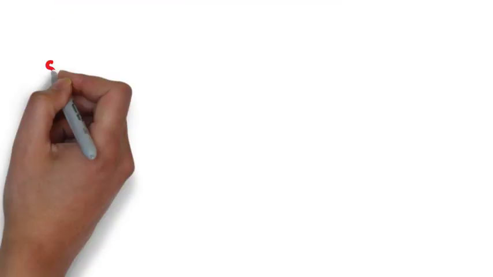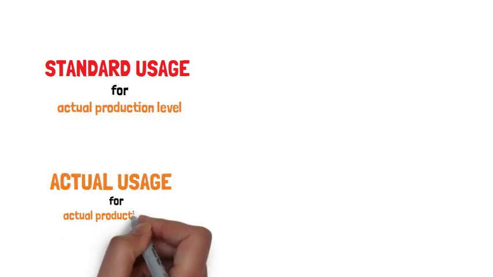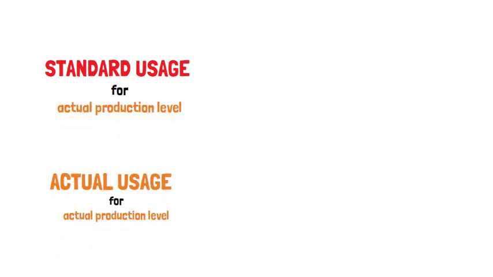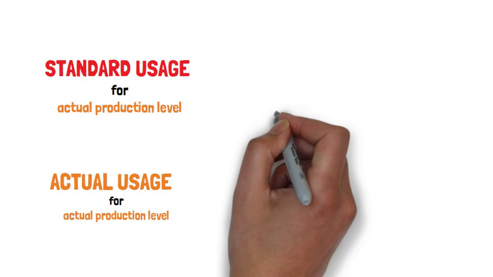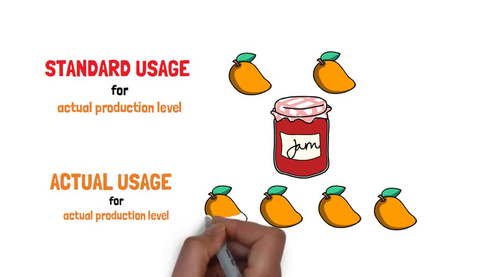But you might have noticed a point here. We calculated the standard usage and the actual usage for the actual production level. In this simplified example, the actual production level is just 1 bottle of jam. Therefore, the standard usage is 2 mangoes and the actual usage is 4 mangoes.